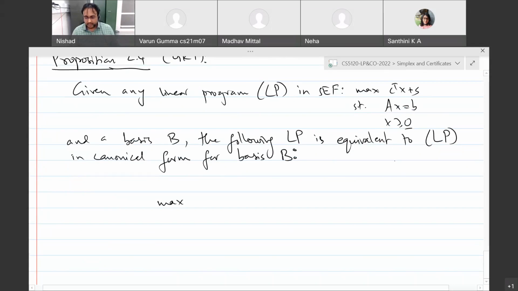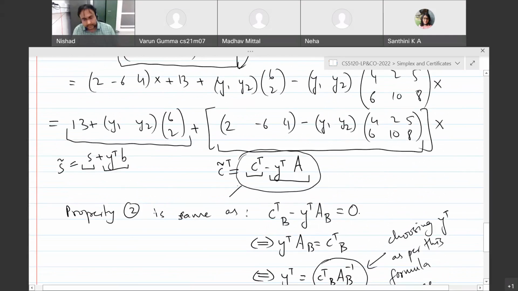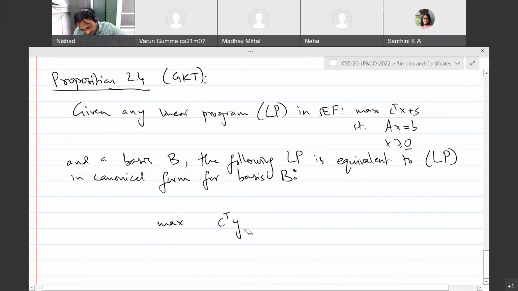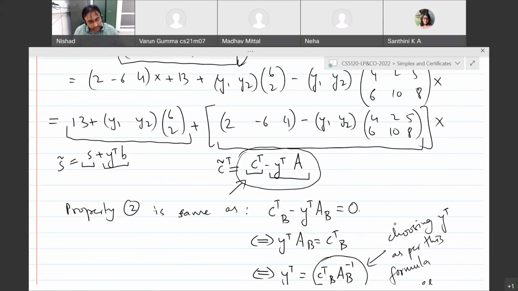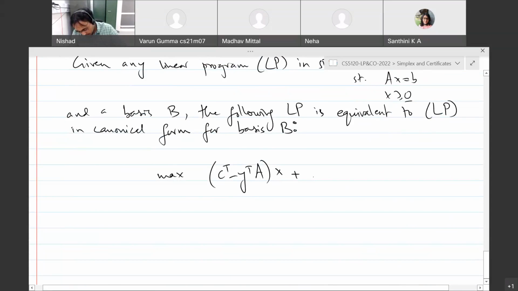So we are maximizing our new C tilde, C transpose minus Y transpose A, times X, plus our new constant, which is the original constant plus Y transpose B. This is our S tilde, and this is our C tilde, or rather C tilde transpose.